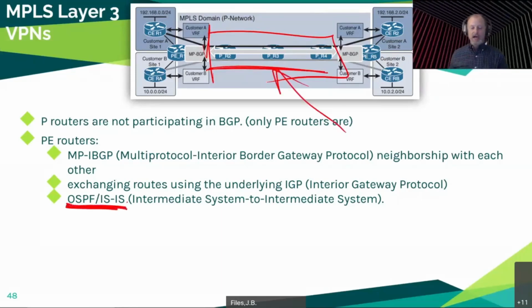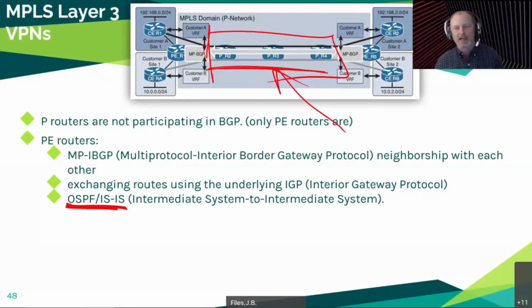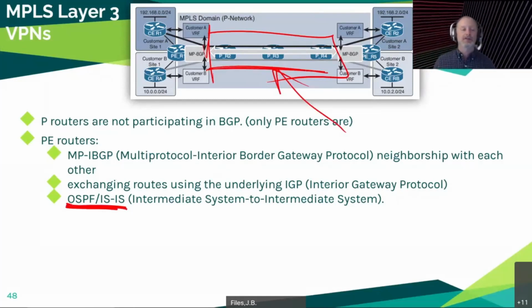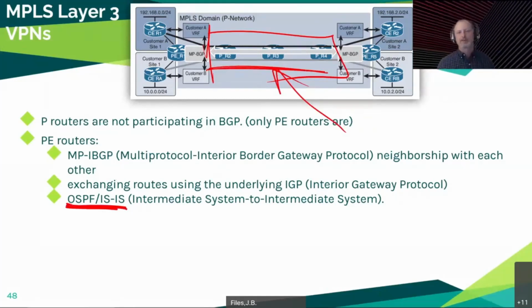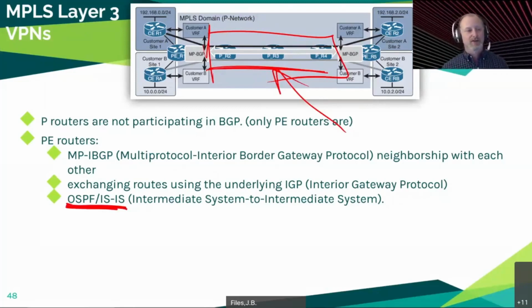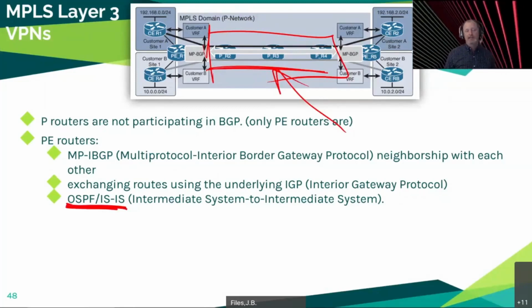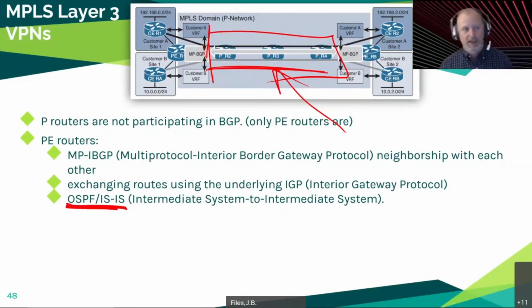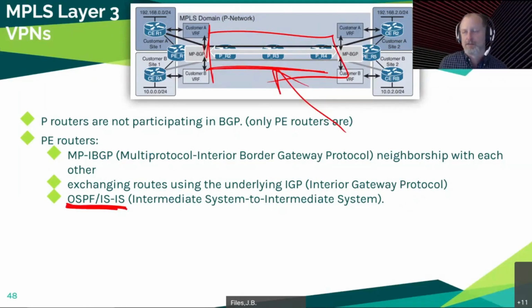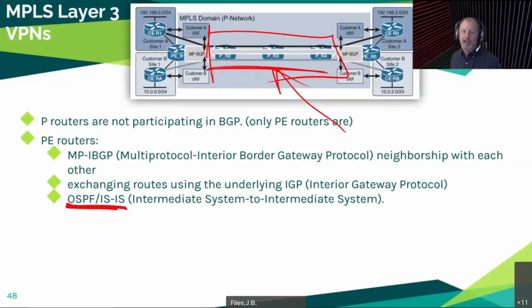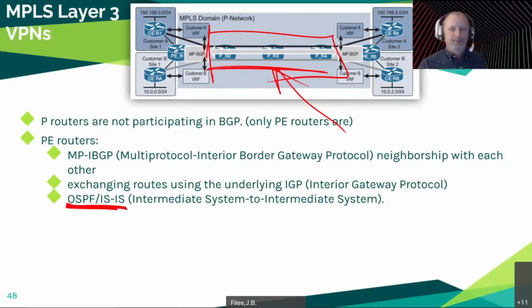It's usually OSPF or ISIS in most cases, because traditionally for years and years and years, EIGRP was proprietary. So service providers used ISIS or OSPF, even though now EIGRP is opened up. But service providers have decades old networks using OSPF or ISIS. They're not going to switch over to EIGRP at this point.